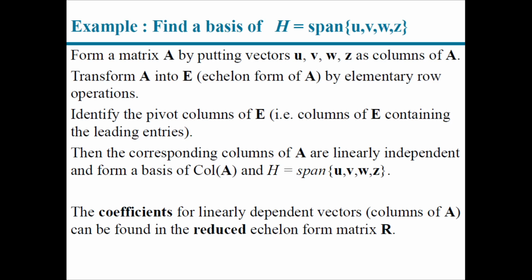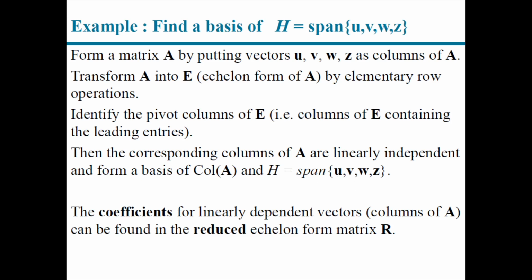Well, that's good. So it's like finding the basis for the column space of A. It's the same thing. So now I have the columns with the leading entries in echelon form. Well, I go back to the original matrix A. The corresponding columns of A are linearly independent, and they form a basis for the column space of A, obviously, and also for the span of those vectors that you gave me.